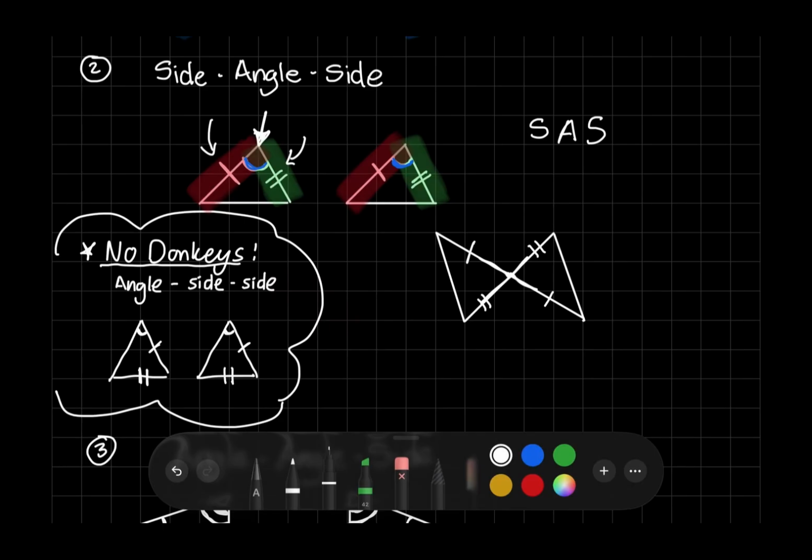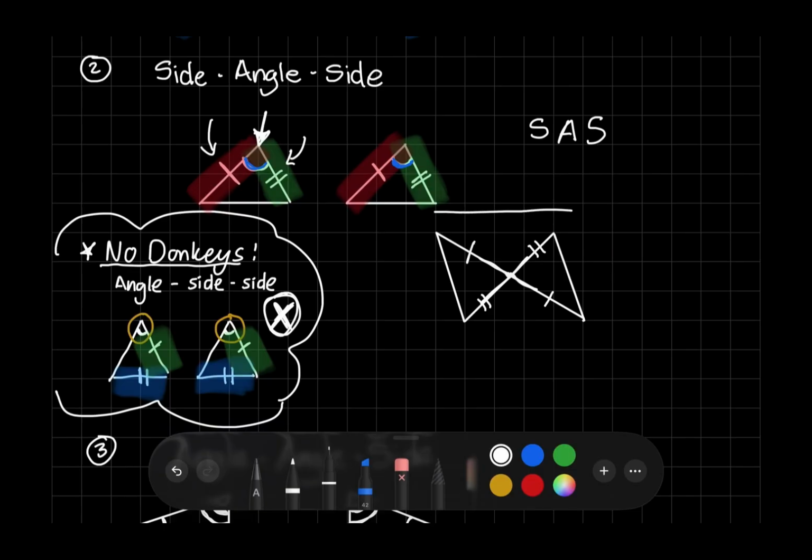I have one angle that is congruent and 2 sides. 1, 2. Even though these triangles look congruent on paper, based on the information that's given to us, we cannot prove that these are congruent. I'm going to show you guys an example later down the road.